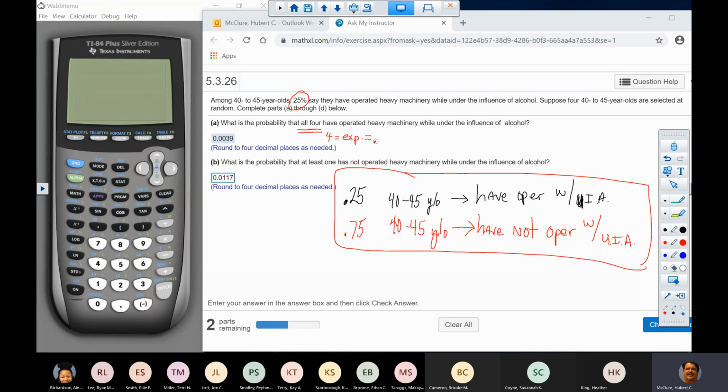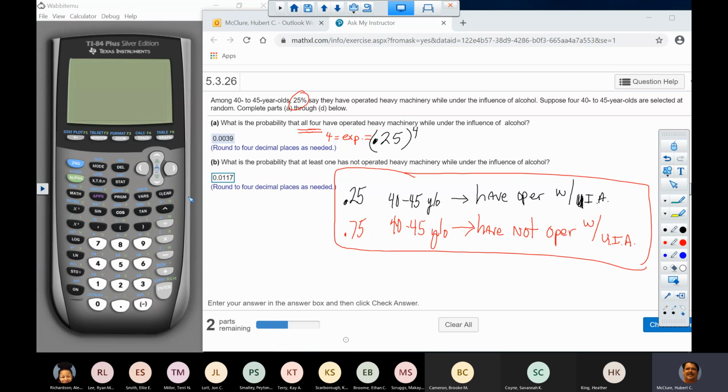So that's going to be 0.25 raised to the fourth power. Somebody check that.